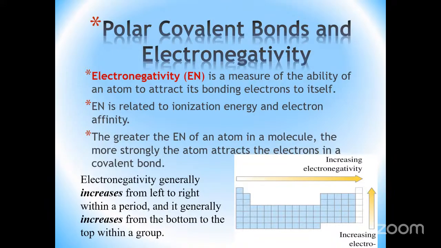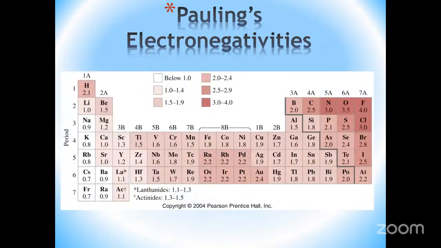So that's basically it. And I think the next slide is a table, right? This table is available in your packet that I've posted in Canvas. You're going to have that to refer to, of course, during your test and so on. So this is basically the table that Linus Pauling developed. As you can see here, the most electronegative element in the periodic table is fluorine, 4.0, the max, right?